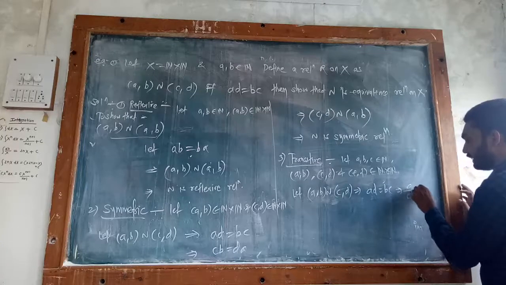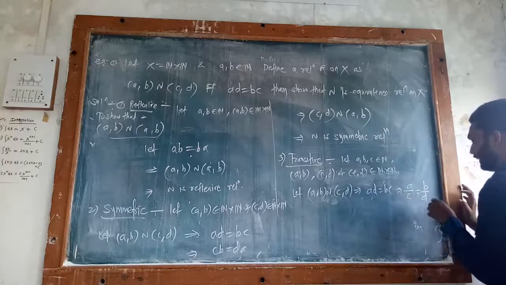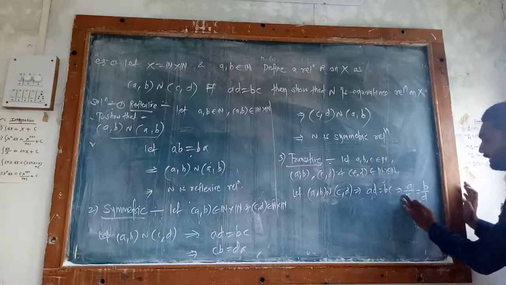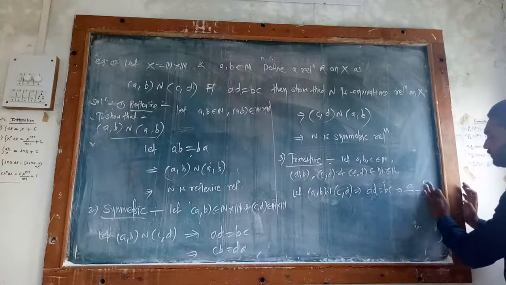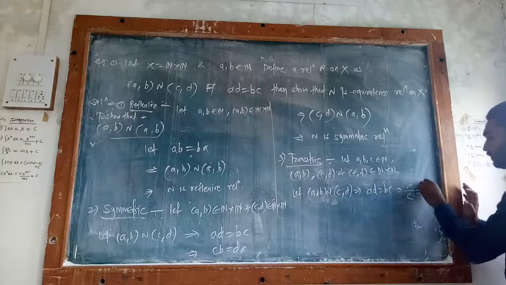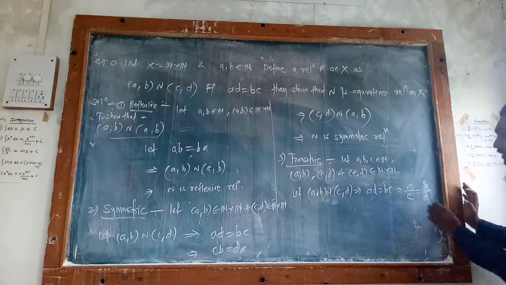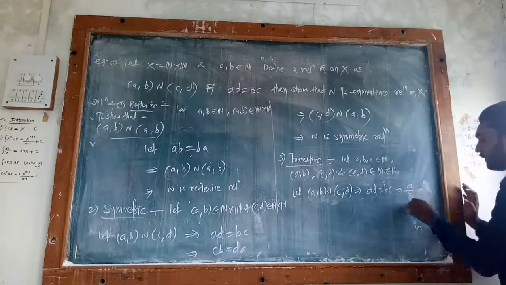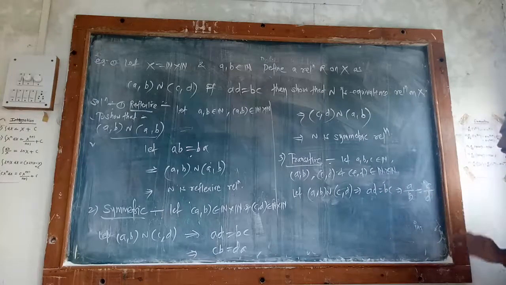That is A upon C equal to B upon D. Or take this B, multiply, shift to the right and divide: A upon B equal to C upon D also.